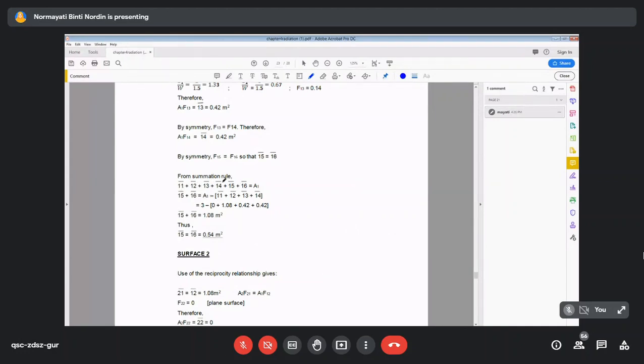By summing up all the exchange areas, it will be equal to the area of that surface, A1. So you will have 1 to 5 plus 1 to 6, because they are symmetrical, you divide 1.08 by 2, and you will get the answer for both 1 to 5 and 1 to 6, which is the same.